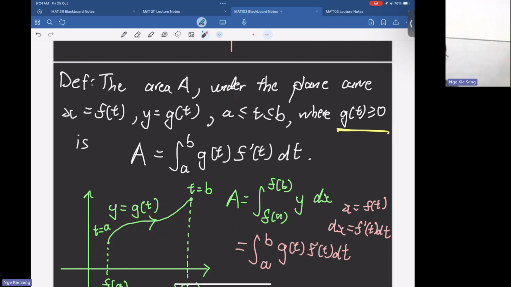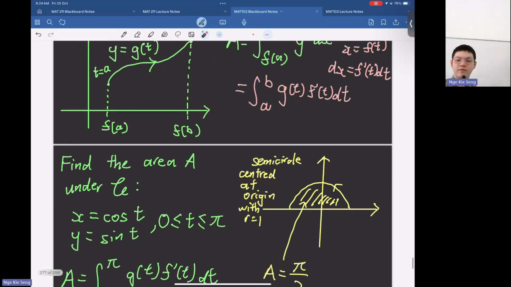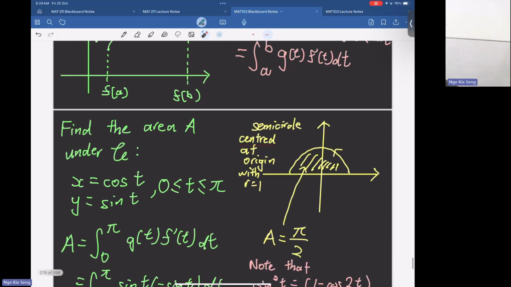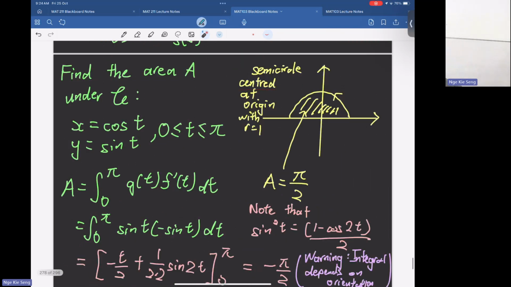But if you look at the book, I think it's Adams, you can check out that they have four orientations to look at, because sometimes your g can be under the x-axis also. So you have four cases to consider. This is a good topic if you want to do it in your project: how different orientations give you a different sign of the integral.